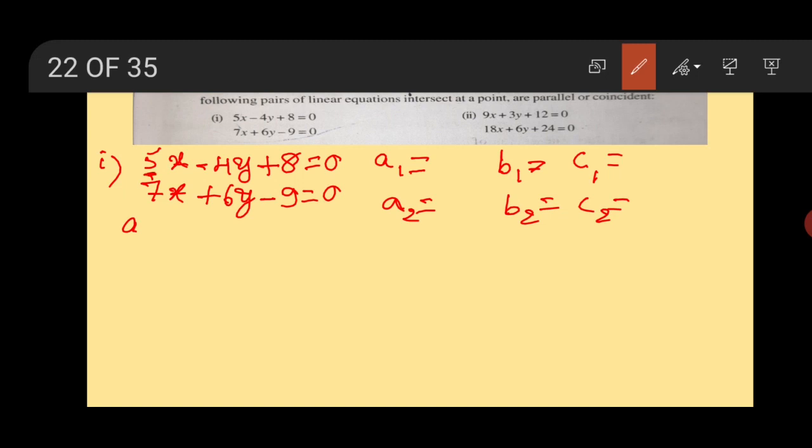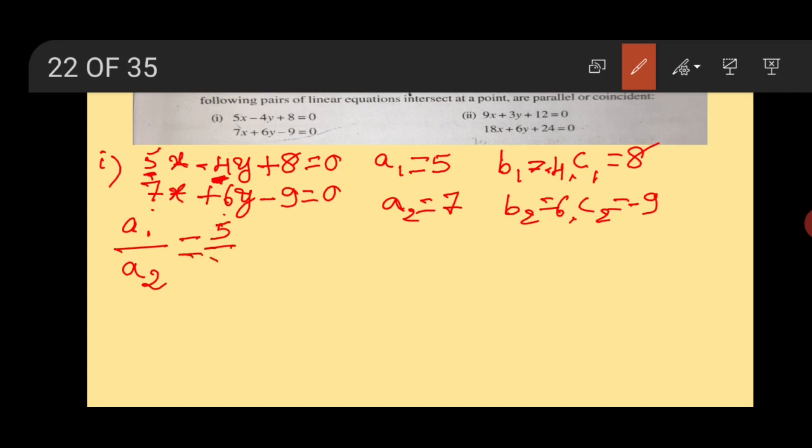In this equation A1 is equal to 5, B1 is equal to minus 4 and C1 is equal to 8. In the second equation, the value of A2 is 7, the value of B2 is 6 and the value of C2 is equal to minus 9.